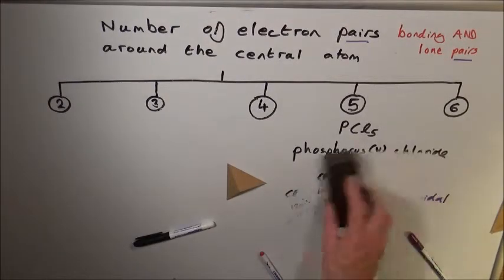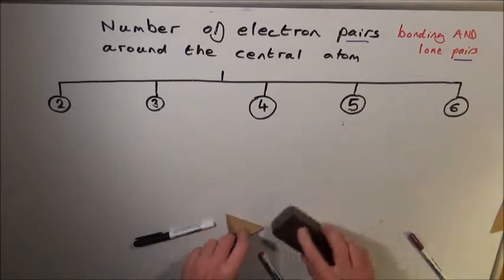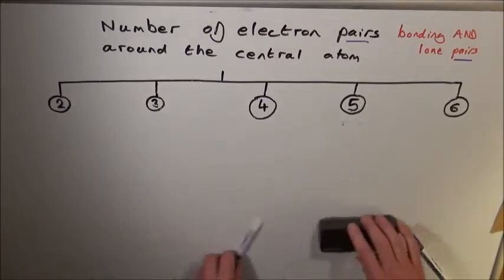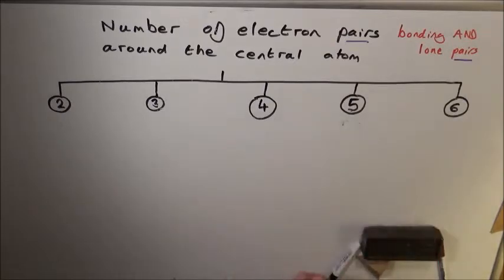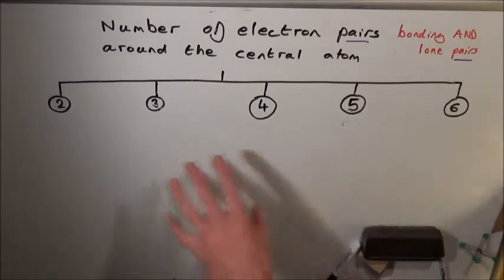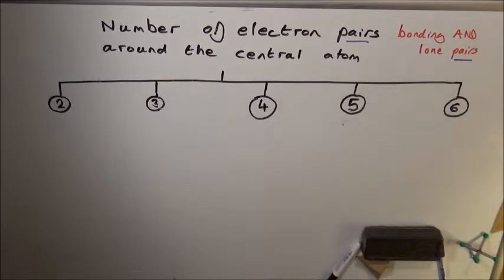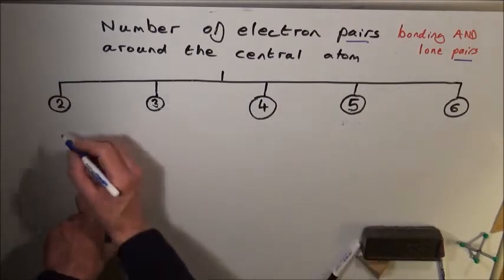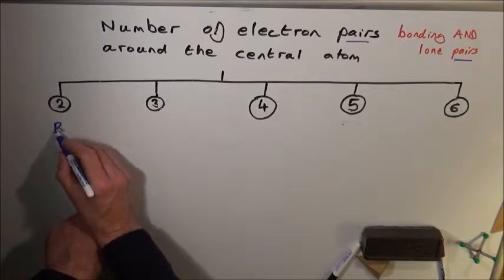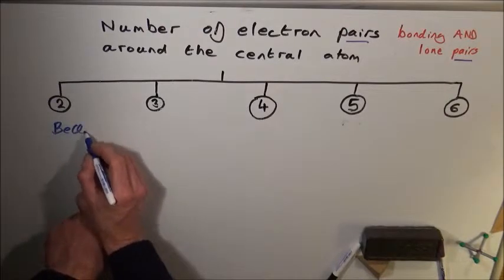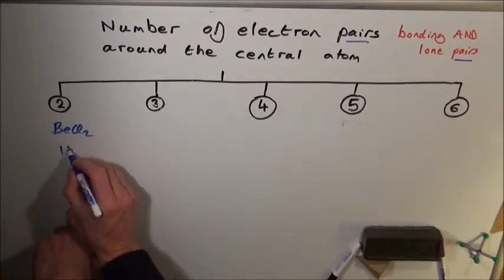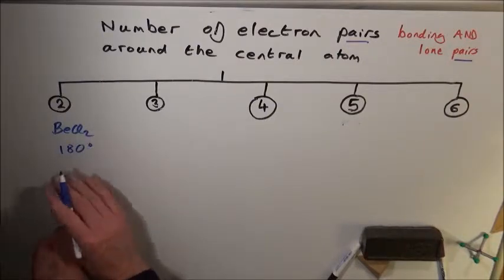If you just stick to this basic master plan, decide the total number of electron pairs around the central atom. If it's 2, remember BeCl2, and the bond angle is 180 degrees and it's a linear molecule.